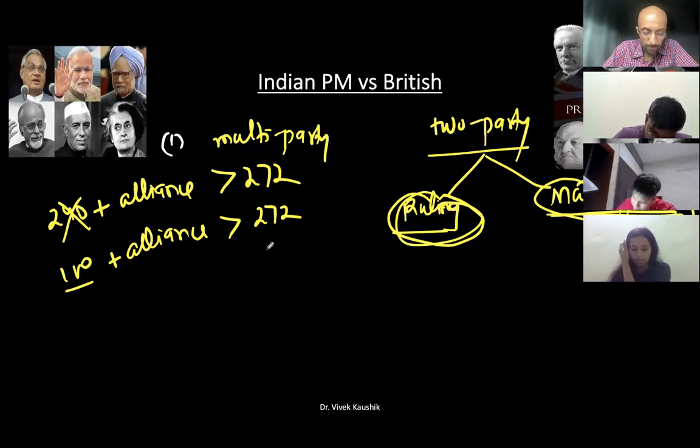Full stop. This makes the ruling party and Prime Minister accountable. And thus the British Prime Minister is constantly looking for retaining majority in the lower house.